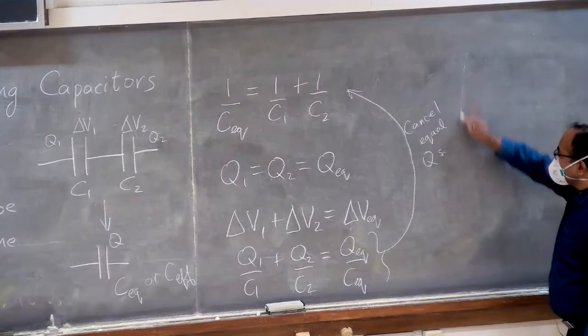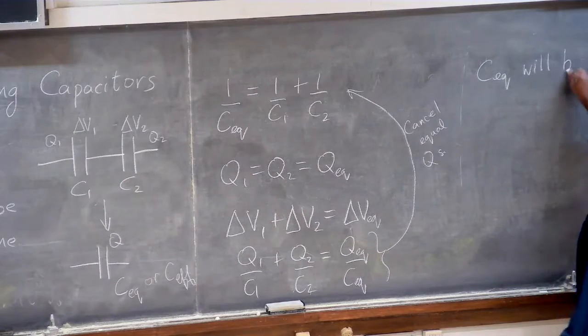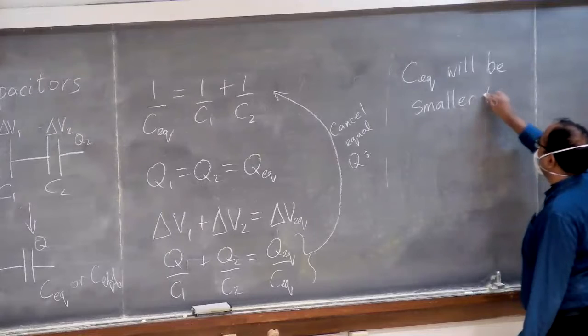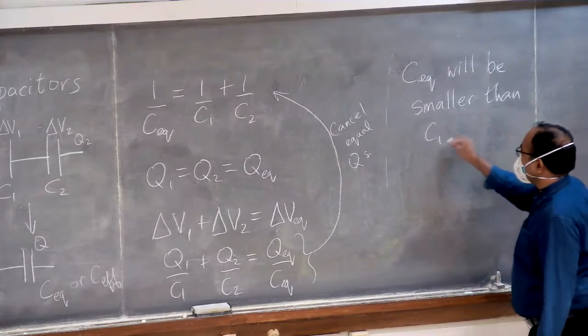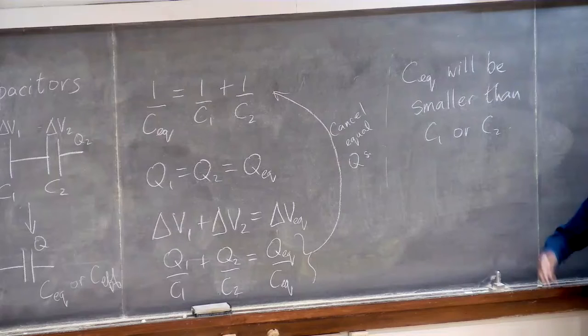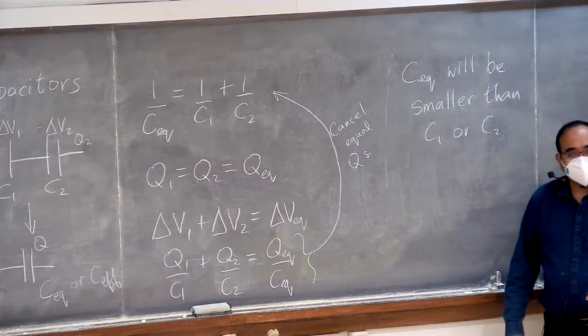What will happen then is C equivalent will be smaller than C1 or C2. It will always be smaller than the smallest of these individually.